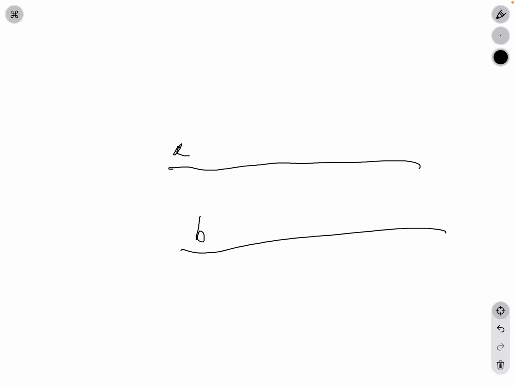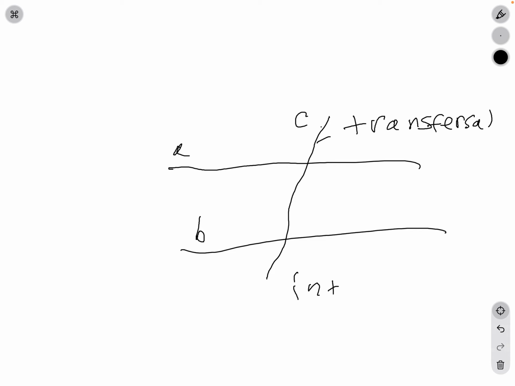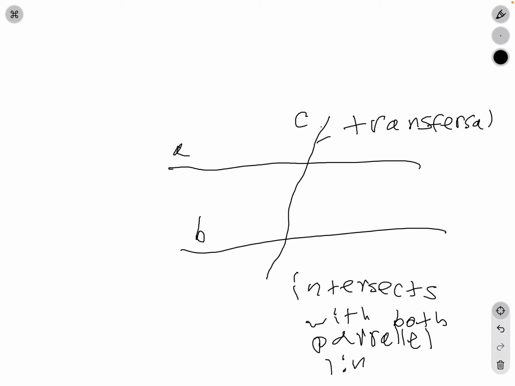Now that we've cleared that up, let's take a look and add one more line. We have the two parallel lines, but now let's add one more line, line C. This line is called the transversal. The transversal is the line that intersects with both parallel lines.